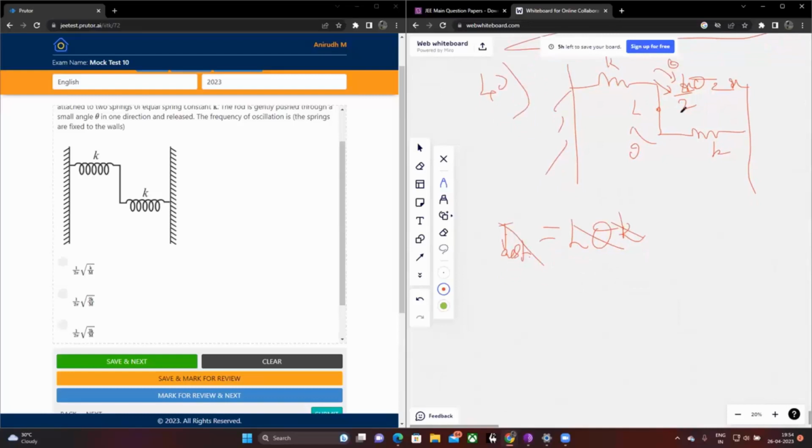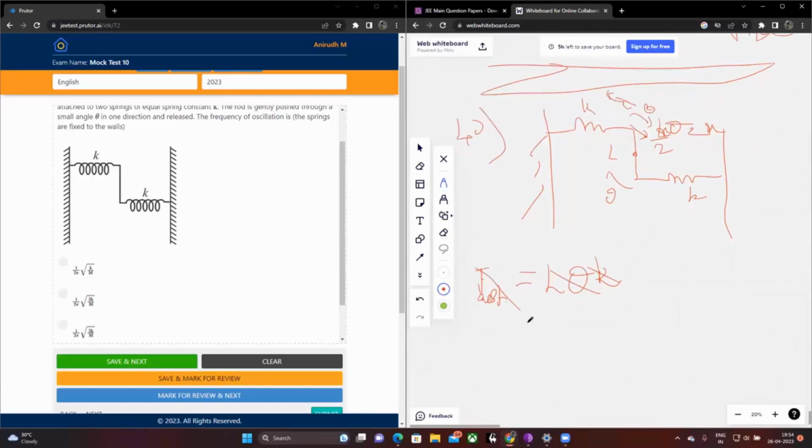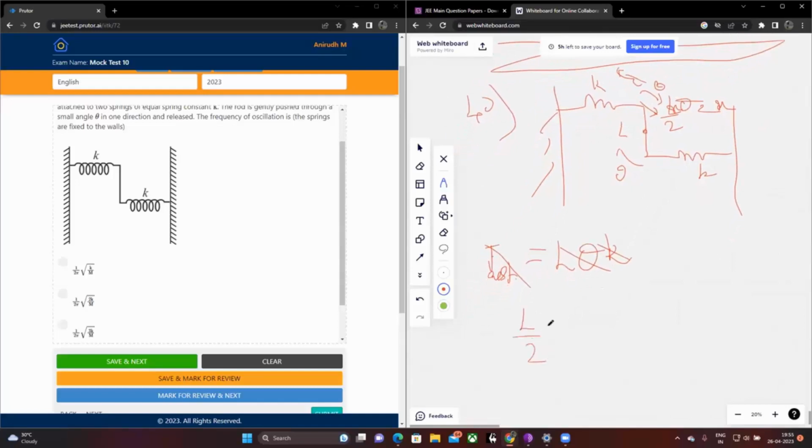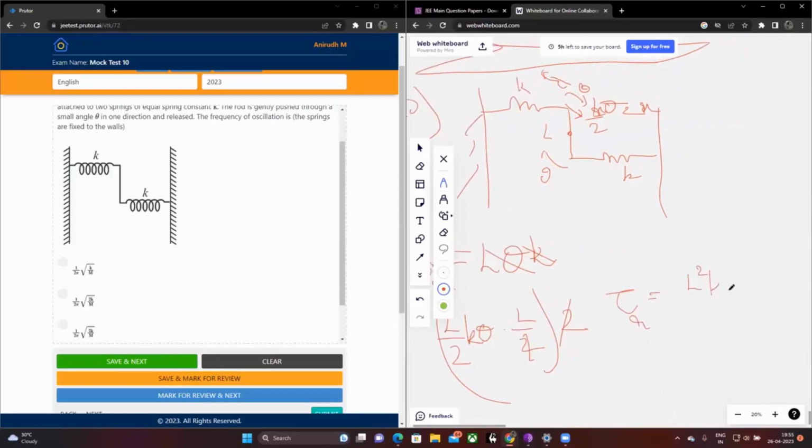So if this is pulled by L by 2 theta, you have a torque generated about this point of a force L by 2 k theta into L by 2. And that is multiplied twice because whatever is generated here is compounded by this. It adds. So you have a tau restoring of L squared k theta by 2.